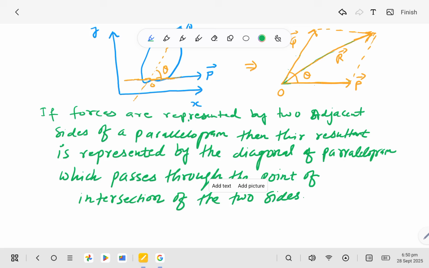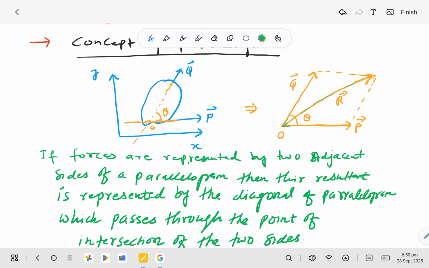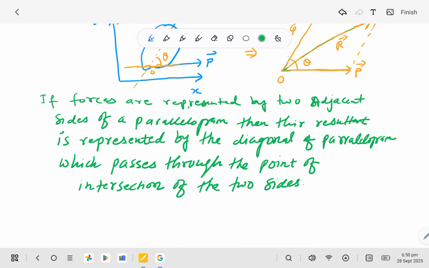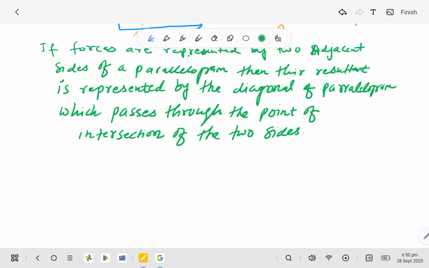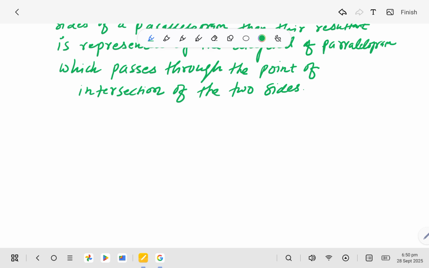So now if there are two forces acting on the body, we can get one single force by using the law of the parallelogram. Okay, so we can make the problem simple if we use only a single force instead of using two different forces for a single object.